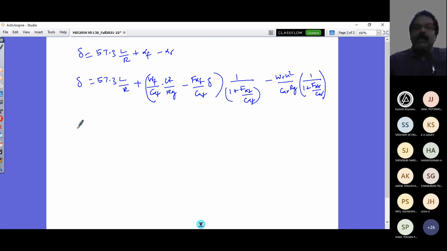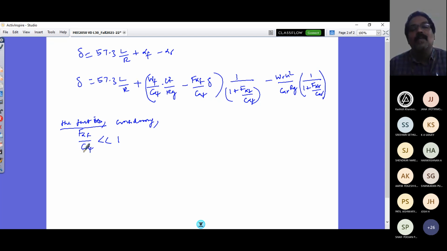Now look at this term FXF by C alpha F. It is very, very small compared to the value of 1. It is the drive force in the front axle divided by the cornering stiffness of the front axle. If I divide, it would be a very, very small value.